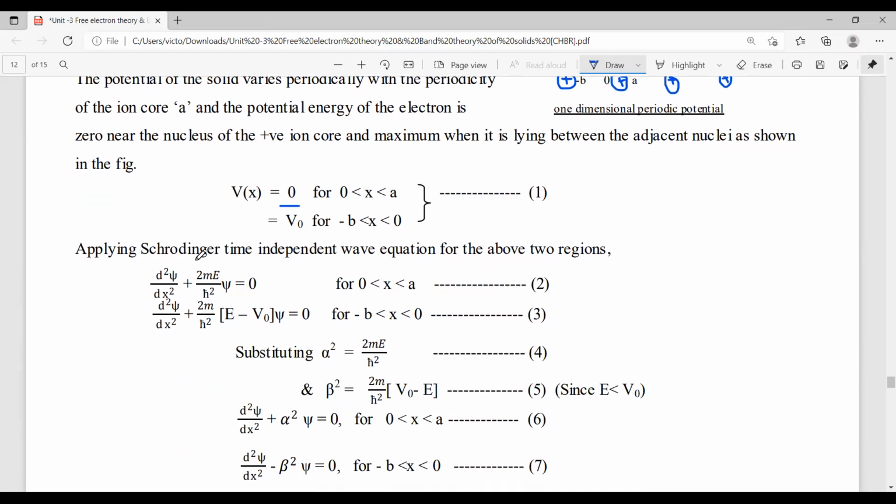Now, let us take Schrodinger's time-independent wave equation for these two regions.